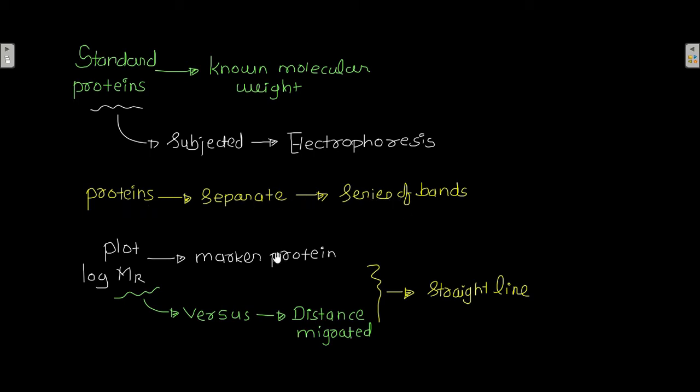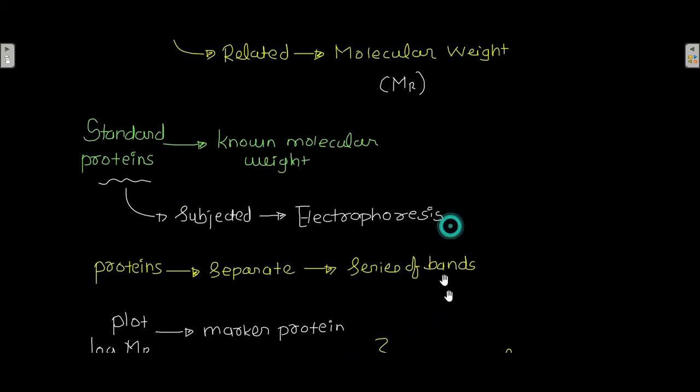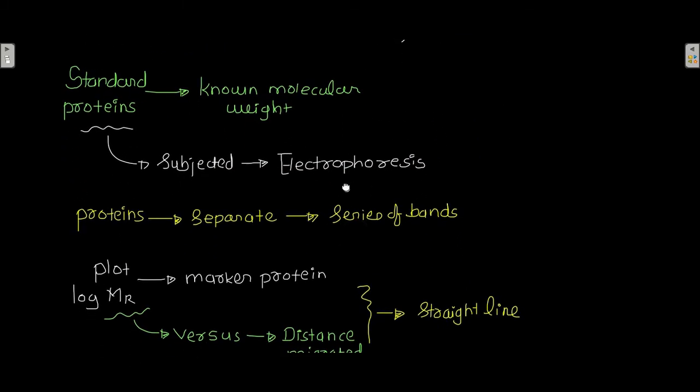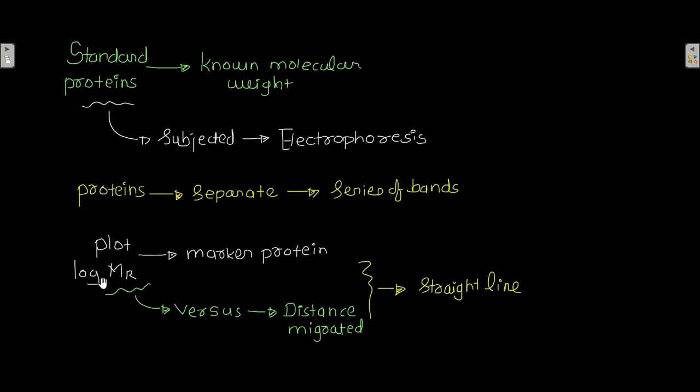Then the plot of log of Mr, that is the plot of log of molecular weight of these marker proteins versus the distance migrated, will give a straight line, and that is how the electrophoretic mobility is related to the molecular weight.